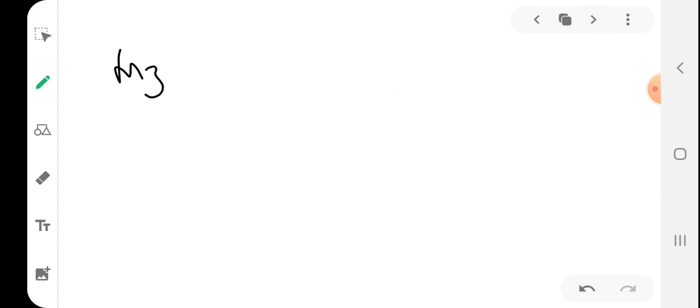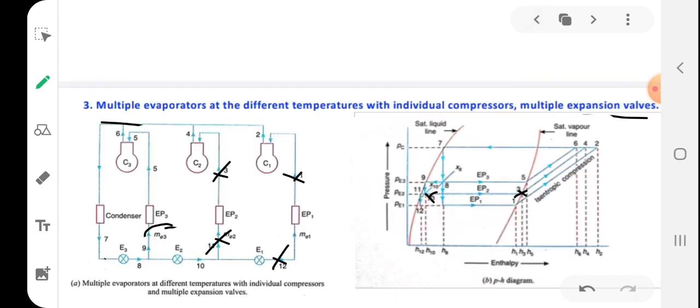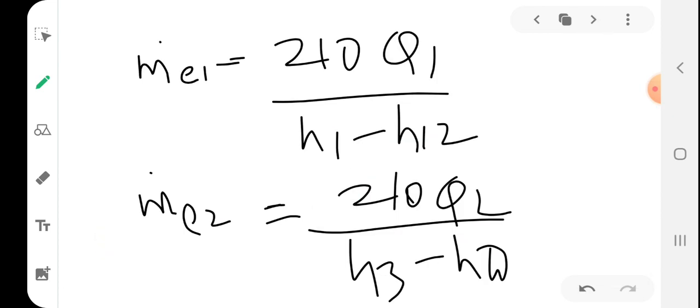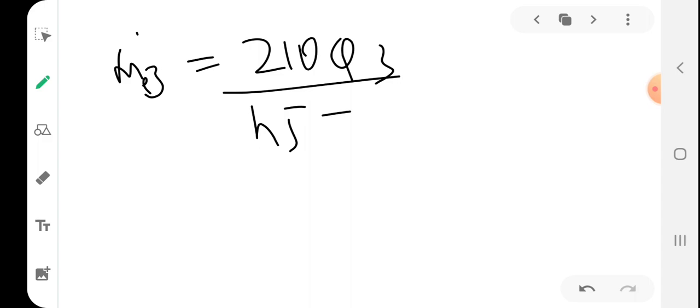Similarly, me3 can be found using 210 into Q3 by H5 minus H9. So you know how to formulate this equation.